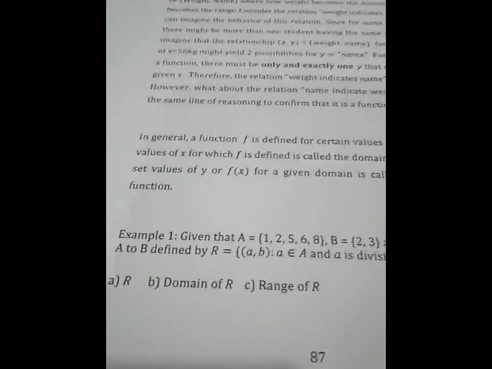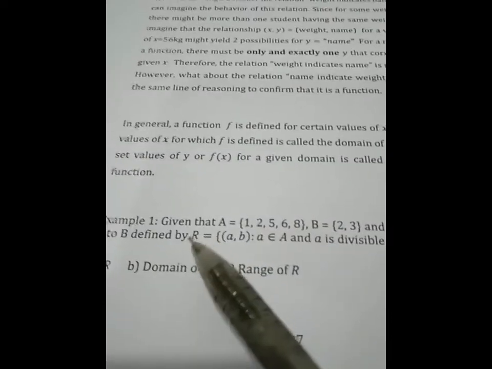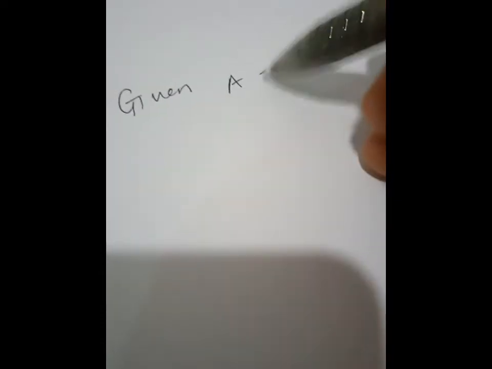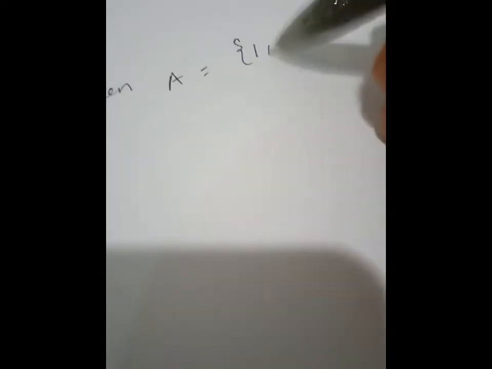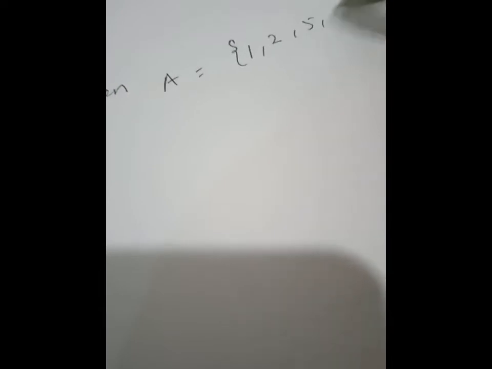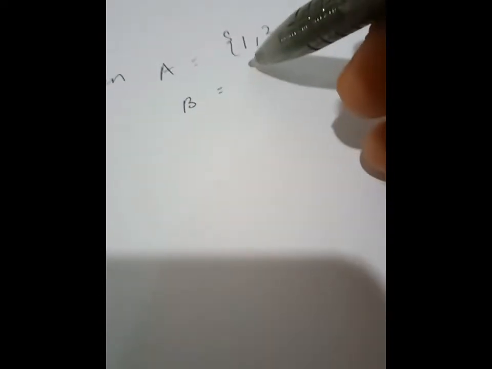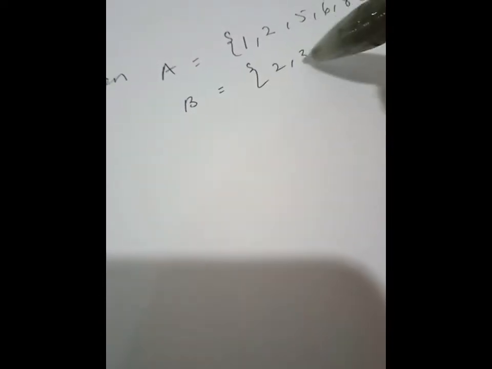Let's say we are given set A as 1, 2, 5, 6, and 8, and B is given by the set 2 and 3.